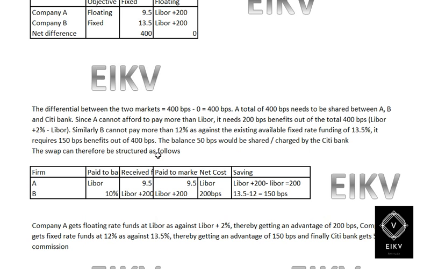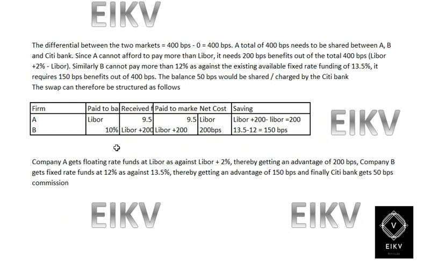The swap can therefore be structured as follows. Number one, A pays to the bank LIBOR. B pays 10% and receives 9.5%, and B receives LIBOR plus 2%.